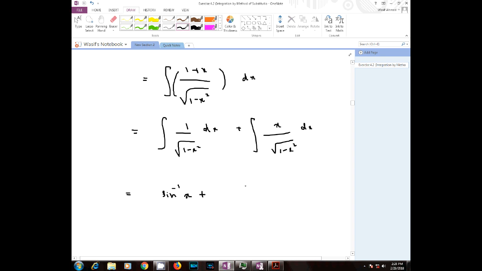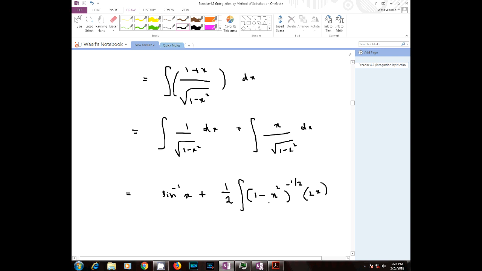Similarly, since we have to apply the power rule, we can use the substitution, or more simply, you can multiply with 2 and divide by 2 in the numerator and denominator. The square root of 1 minus x square can be taken above, its whole power is 1 divided by 2, so when it goes up the power just negates, that is, it becomes 1 minus x square raised to the power minus 1 divided by 2 multiplied by 2x.